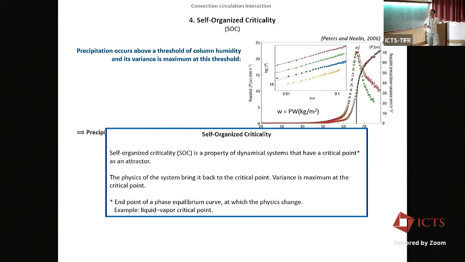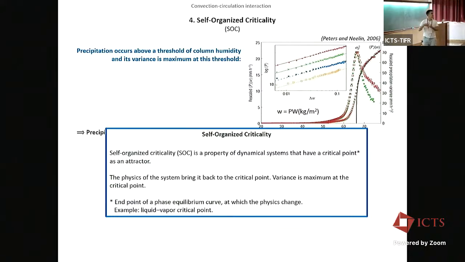So it's a property of dynamical systems that have a critical point as an attractor. So essentially what it means is that your system goes towards that critical point, which is a point at which the physics change. On one side of that point, you'll have certain physics, and on the other side, other physics. And so when you are in the dry region or in the dry regime, you build up instability.